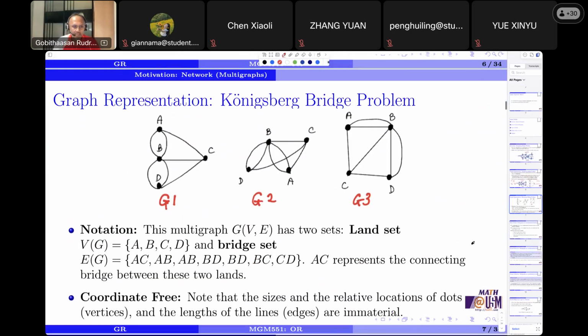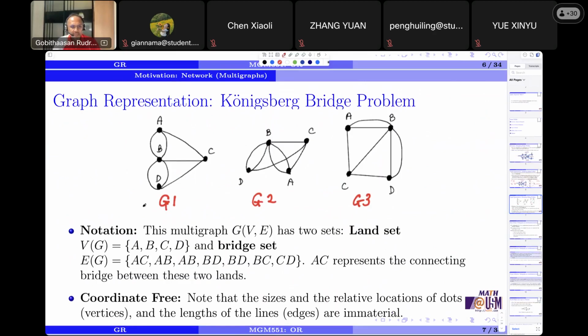The multigraph representing Königsberg's bridge problem is denoted by G1. This graph is also similar to graph G2, and also similar to graph G3. Let's see whether it is really true that they are similar.